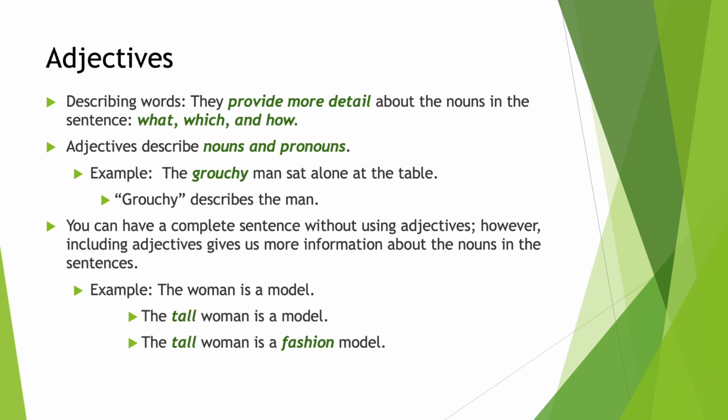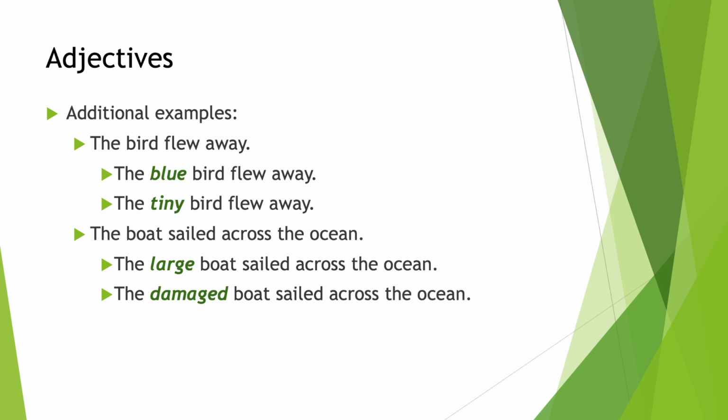But what if we add another adjective? The tall woman is a fashion model. So now we know that the woman is both tall and we know that she's a fashion model. Here's some additional examples. The bird flew away. Bird is the noun.